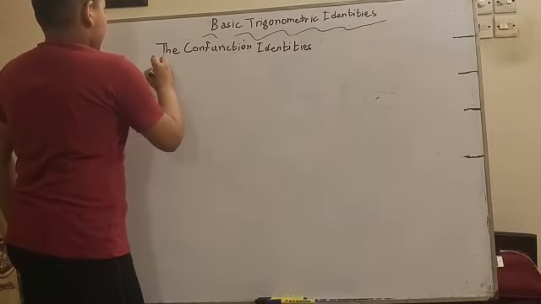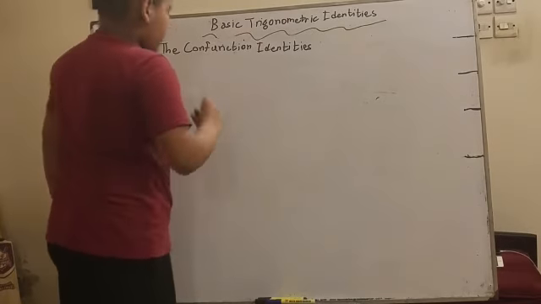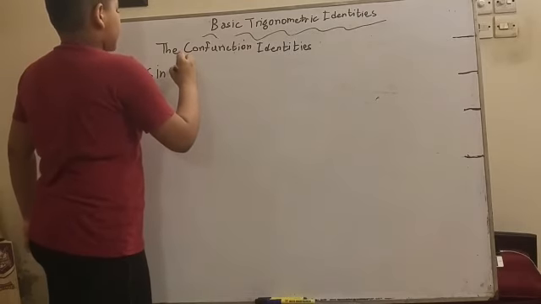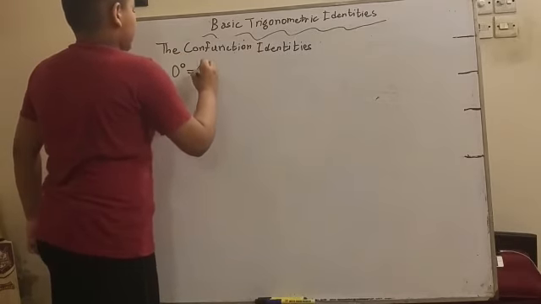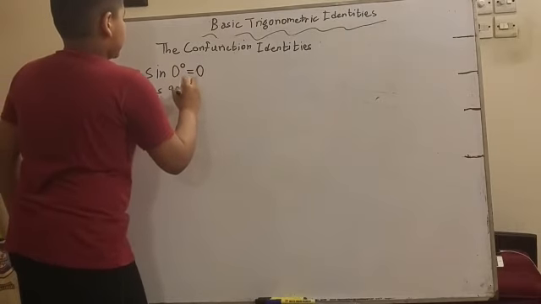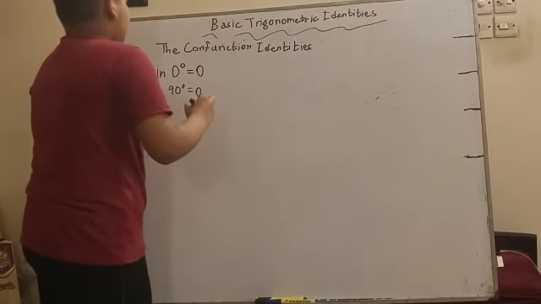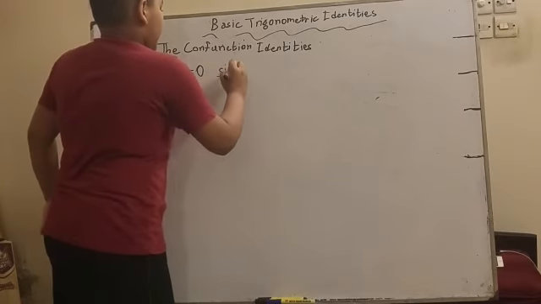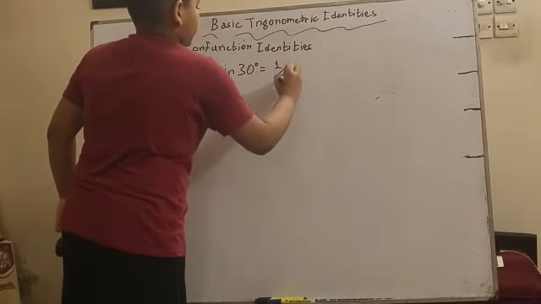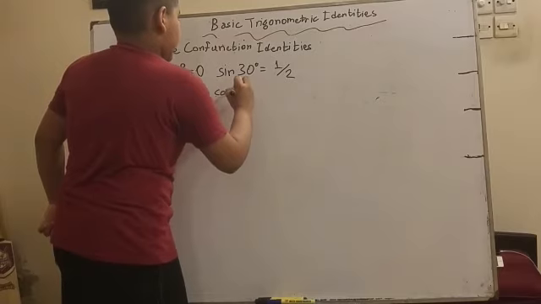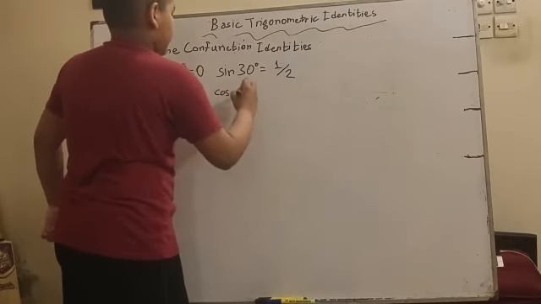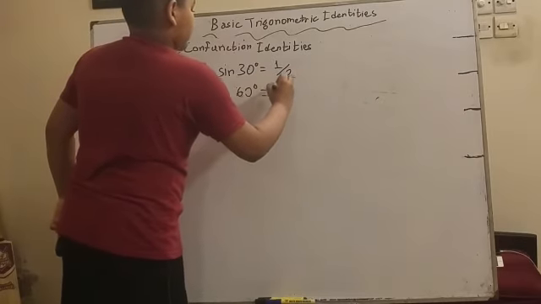let's understand some things first. So in the unit circle, we would understand that the sine of 0 degrees equals 0, and the cosine of 90 degrees equals 0. Now the sine of 30 degrees is 1/2, and the cosine of 60 degrees equals 1/2.